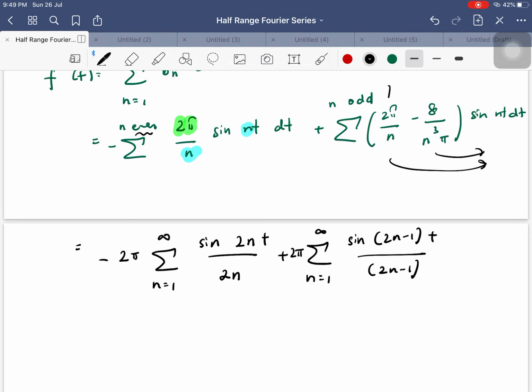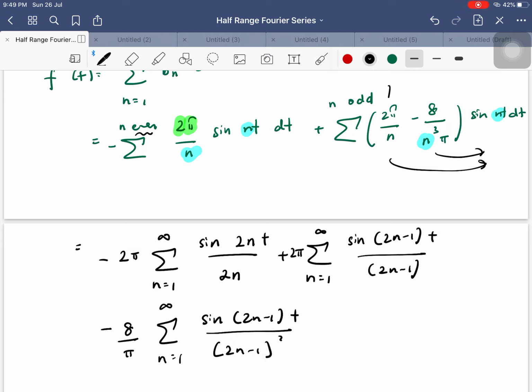And the third term is going to be negative 8 over pi, sum from n equal 1 to infinity. I'm going to have n here and n at the bottom as well. So that is translated to sine of (2n minus 1)t, over (2n minus 1) cubed. So that will be the outcome, and that's it.